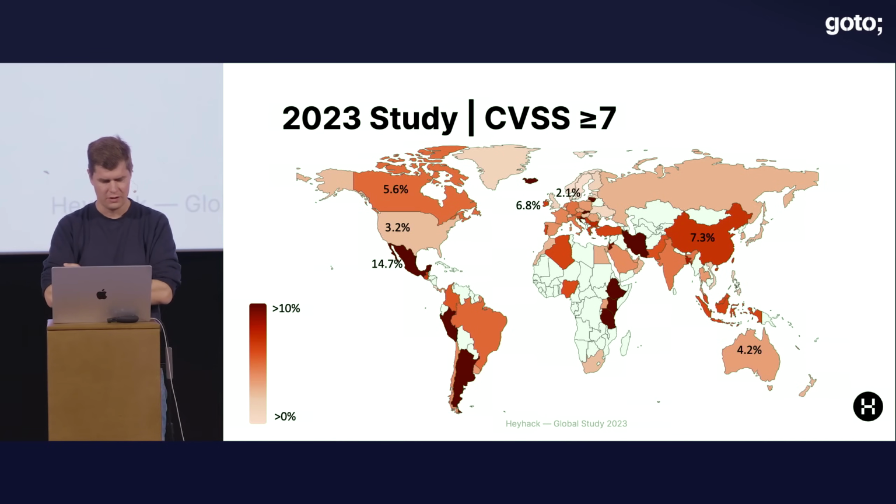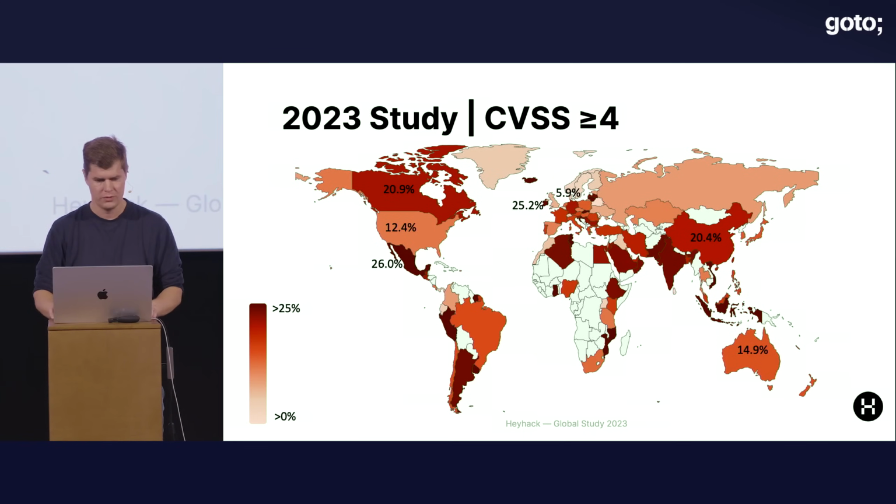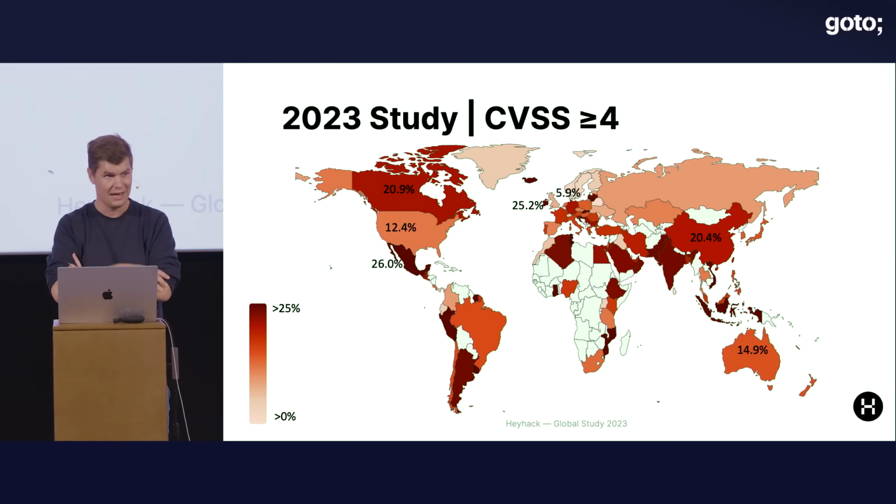Many places in the developing world, including Mexico, Peru, and Argentina, Eastern Africa there, and to some extent China and also Iran, we see that there's a larger concentration of these types of issues. If we lower the threshold a little bit, so we say, if we just want to look at issues that have at least a medium severity score, the distribution is a lot more uniform. Basically, we find these types of vulnerabilities all around the world.